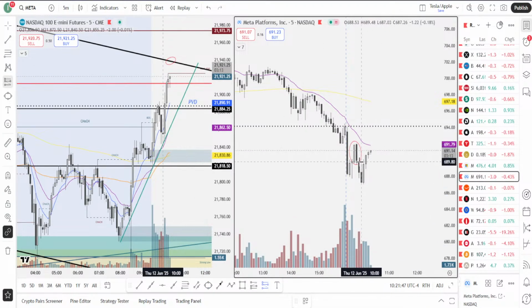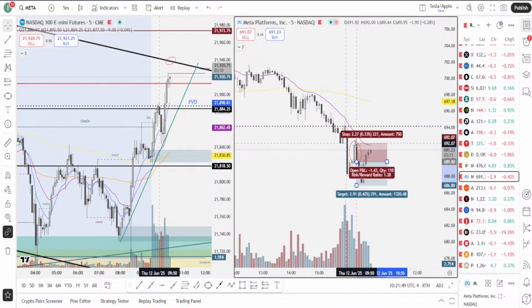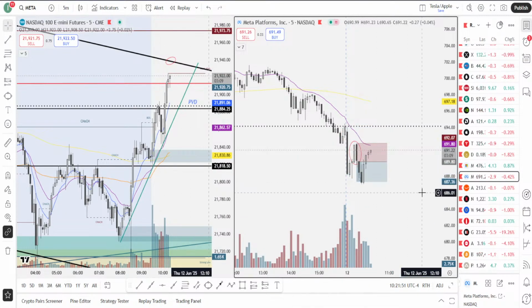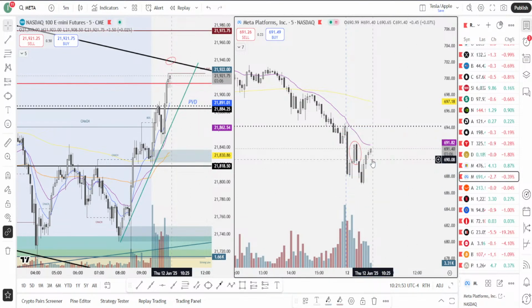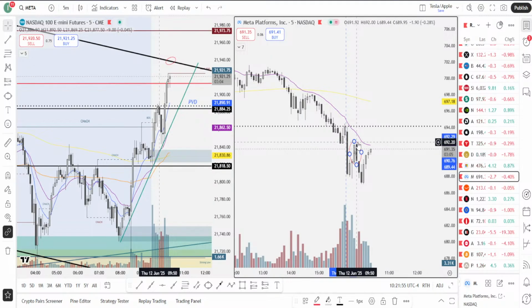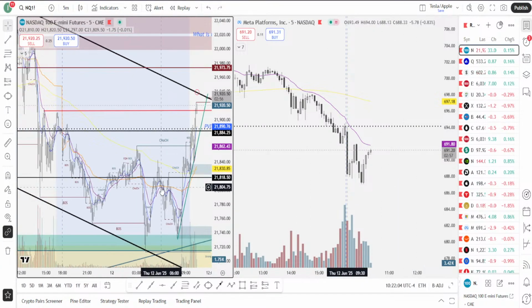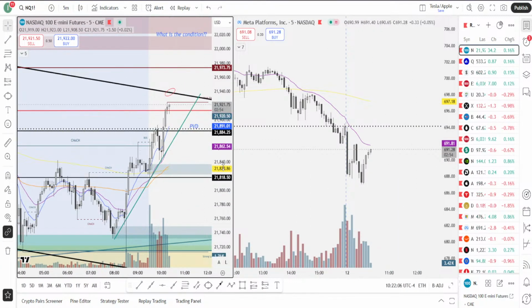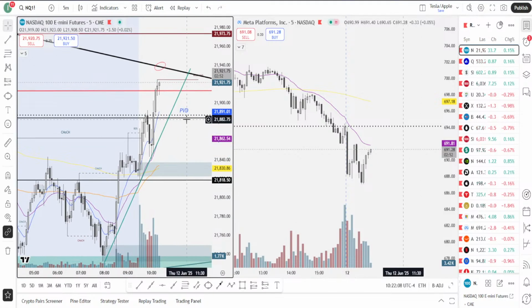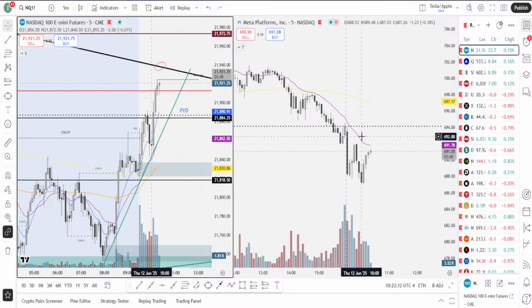This short right here, bam. Could be a quick scalp. QQQ is not doing much right now. We're still in the same spot. We have not moved from there yet. Just chilling in the same spot, man.